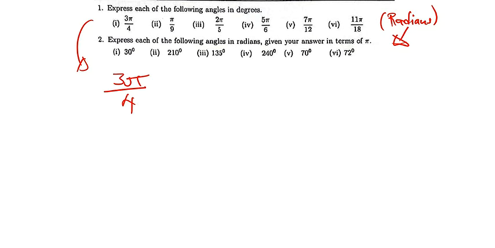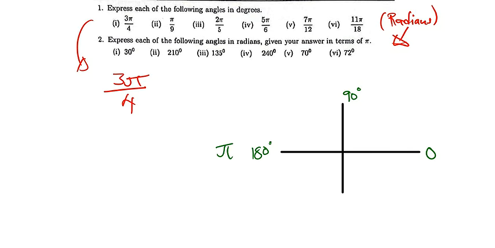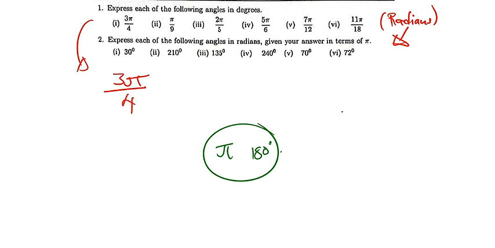One thing to understand is that on the quadrants, 0 is 0, that's 90, this is 180. Where there's 180, it's pi. Where there's 90, it's pi over 2, meaning half of pi. This is what we'll use as our conversion factor.